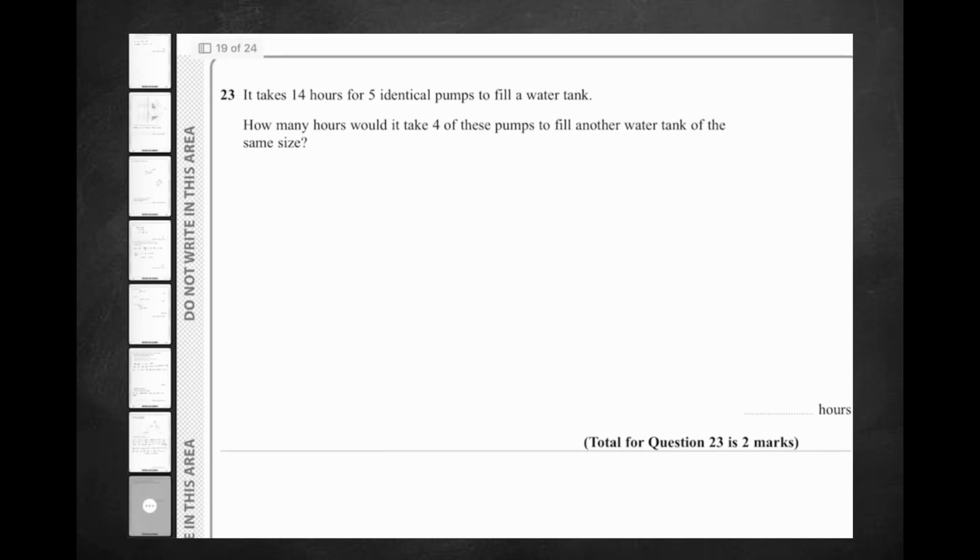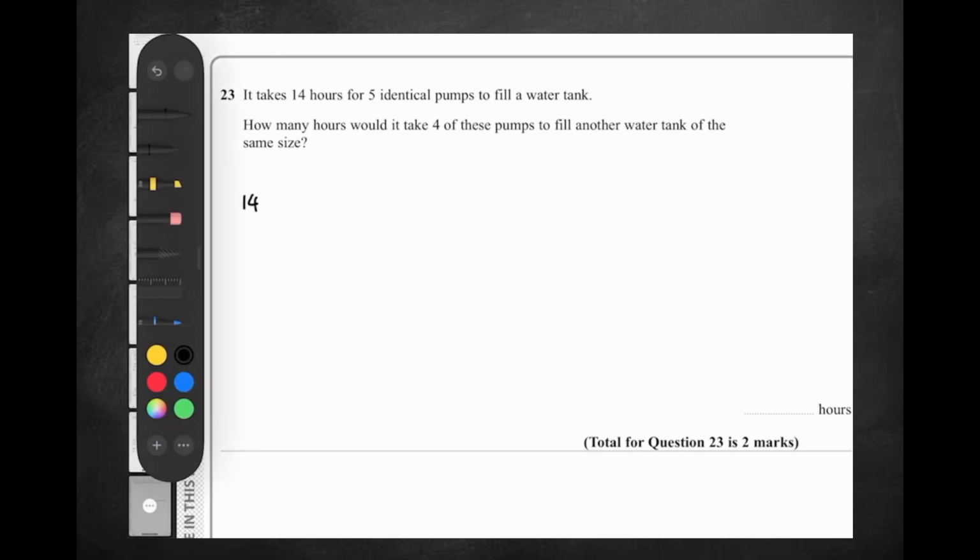Question 23. It takes 14 hours for 5 identical pumps to fill a water tank. How many hours would it take 4 of these pumps to fill a water tank of the same size? So what I'm going to say is 14 hours for 5 pumps. Therefore, for 1 pump, it will be 14 hours times 5, which is 70 hours.